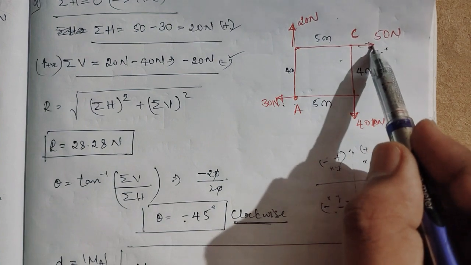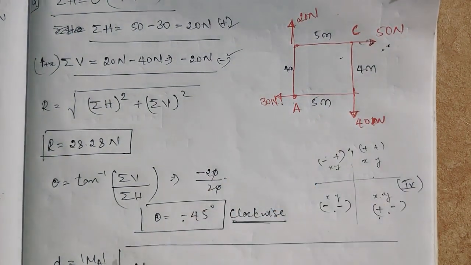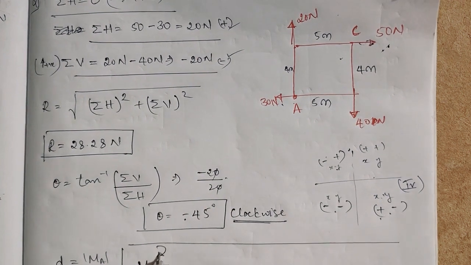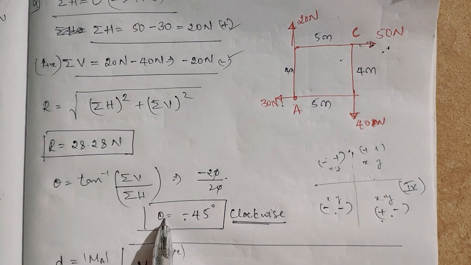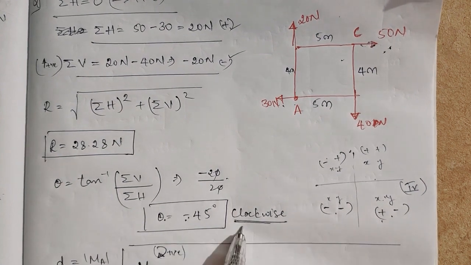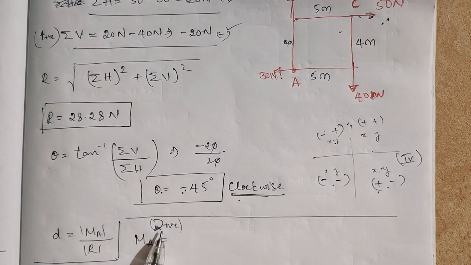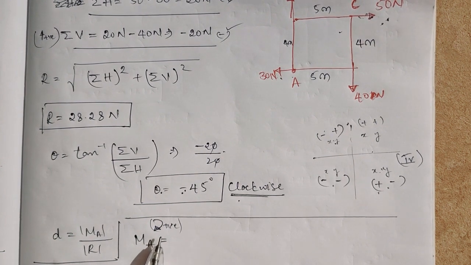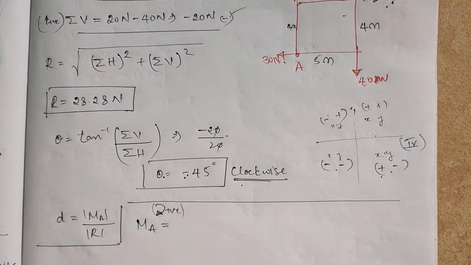It will create clockwise moment, and we are assuming clockwise as positive. Okay, don't confuse here and here. For theta concept, if it comes negative, it is clockwise, and for moment about A concept, I am taking clockwise as positive because it makes it easy. You can take vice versa also, no problem.